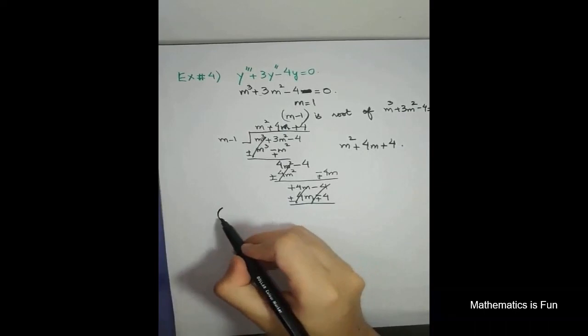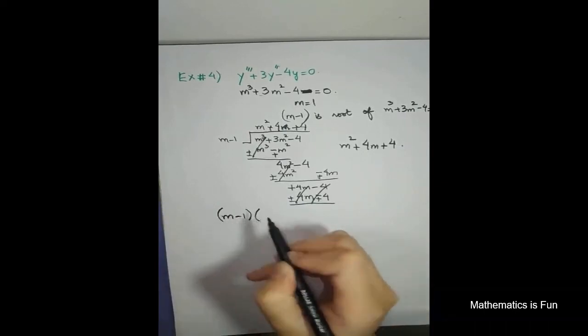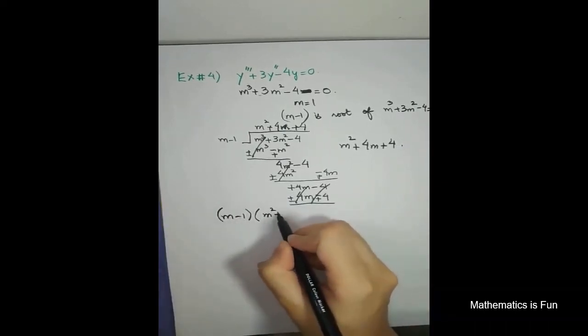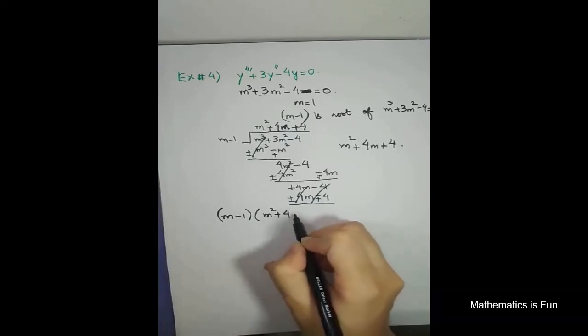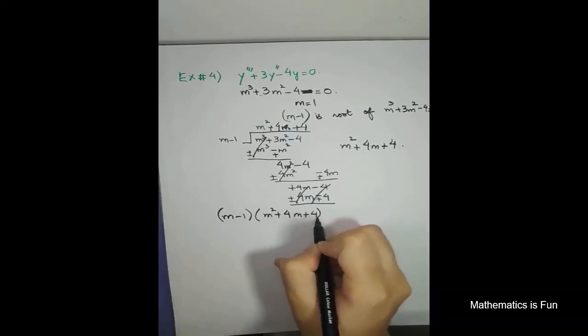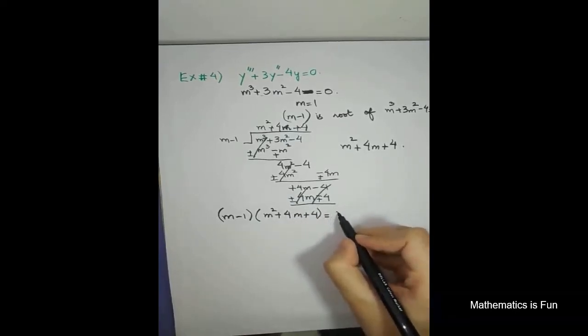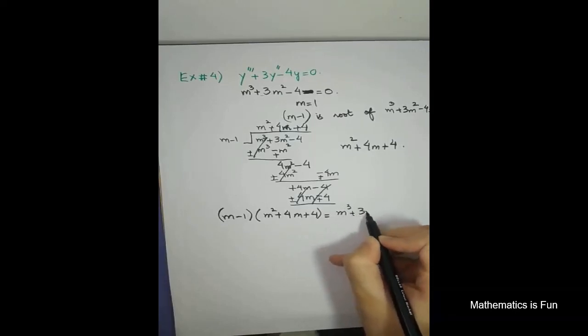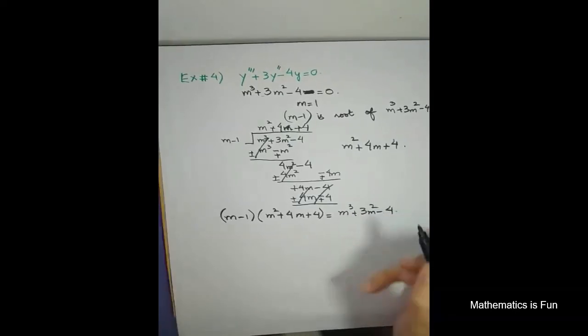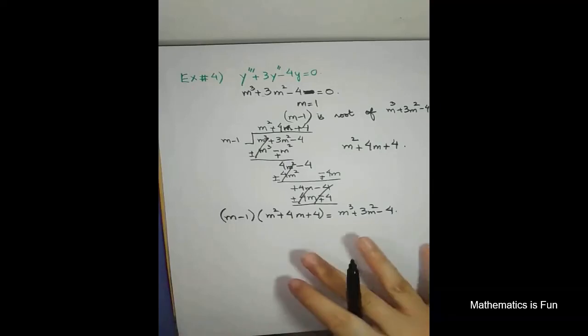So one factor is m minus 1 and the other is m square plus 4m plus 4, which together make m cube plus 3m square minus 4. You can also do this with synthetic division.